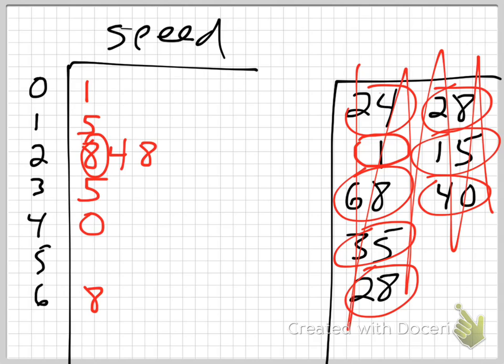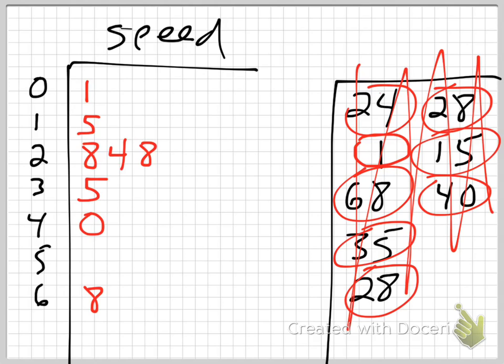Right? What's this 0 mean? 40. Are you all following this now? Are you starting to see this, how it works? There's 2 8s here. That means there's 2 28s. Is there any other number that doubles, that repeats itself? No. So then the mode is 28. Are you all seeing that, Caleb? Are you seeing it?